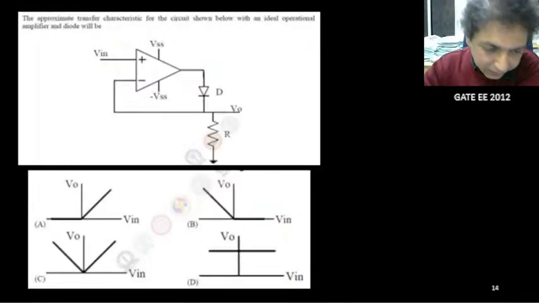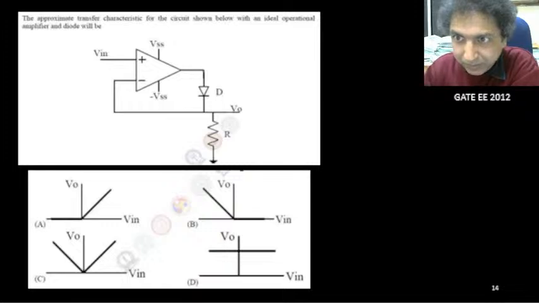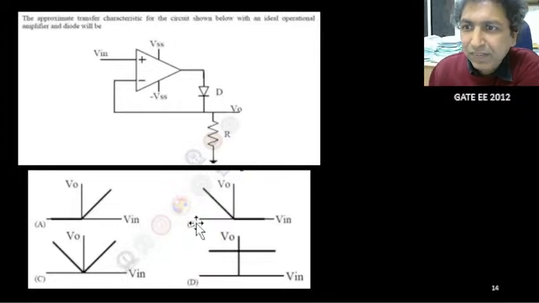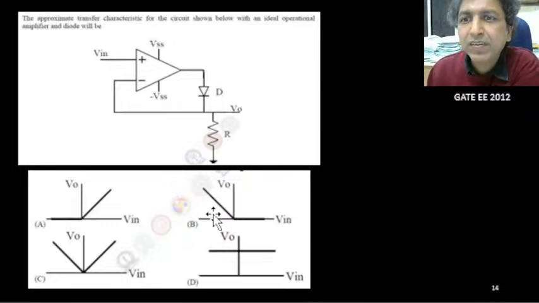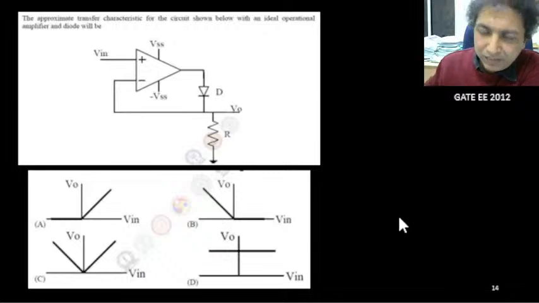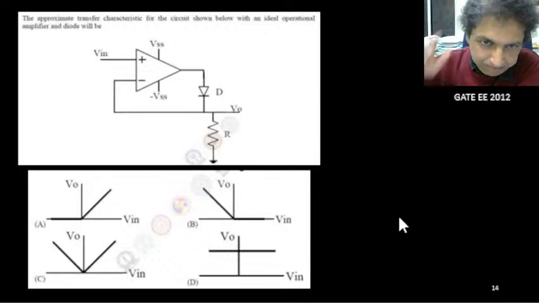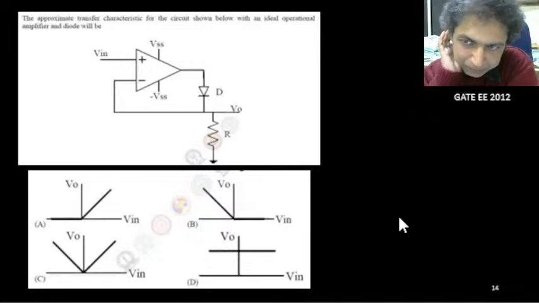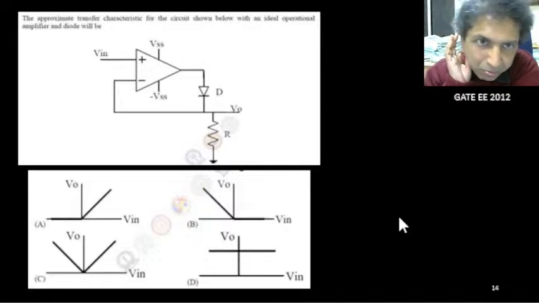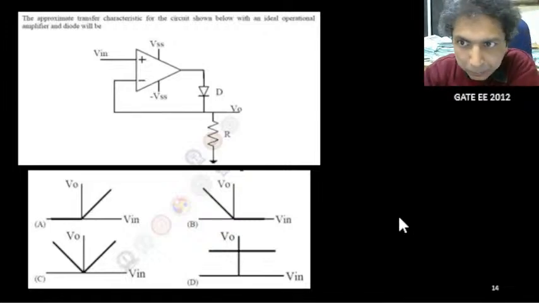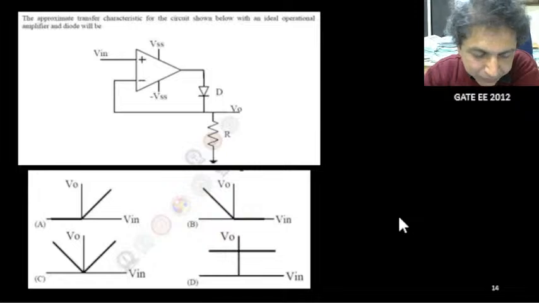Now the next question, this one. Can you solve this problem? The op-amp with diode.